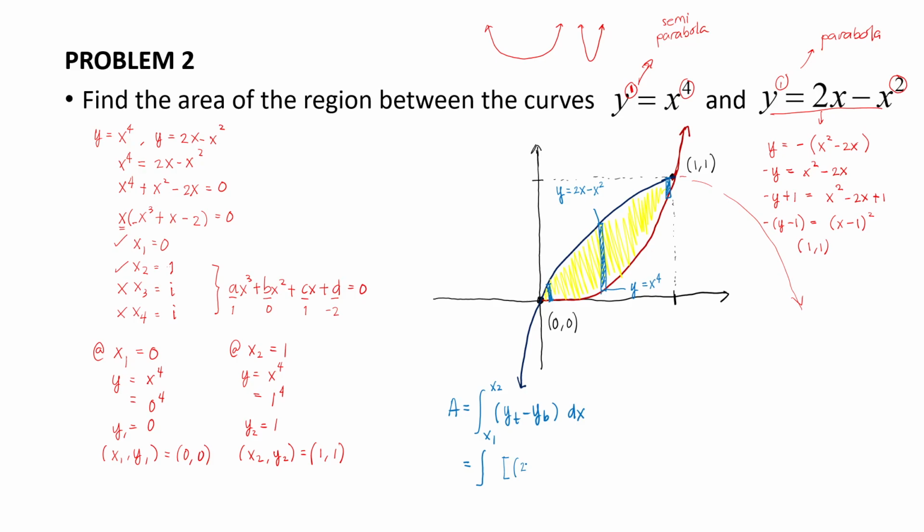So 2x minus x squared. Again, take note that I'm going to use many parentheses and brackets to isolate my terms, so I know how to track the terms that I am presenting. Then from x value 0 to 1. And then this is the value of your vertical strip, in square units.